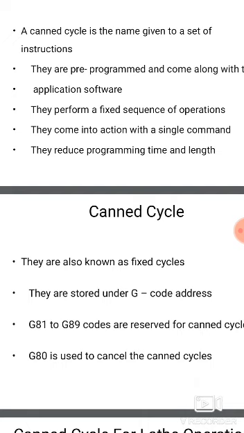We can store it in a parameter. The number of canned cycles is predefined in a CNC machine tool. Canned cycles are particularly used for repetitive machining operations, like G81 to G89, which are used to define the canned cycle. G80 is used to cancel the canned cycle.